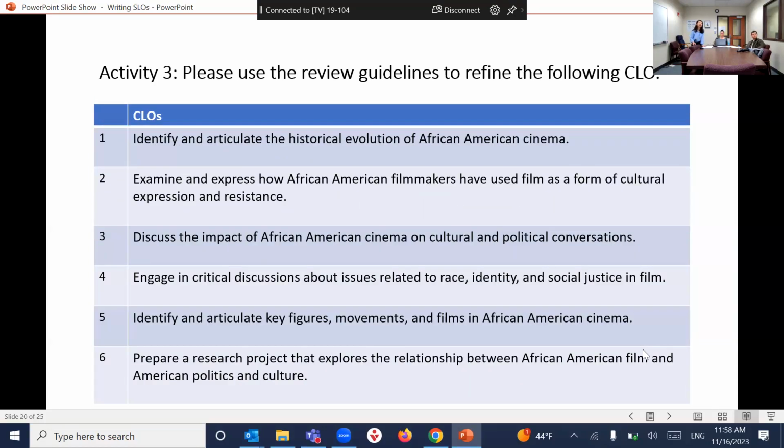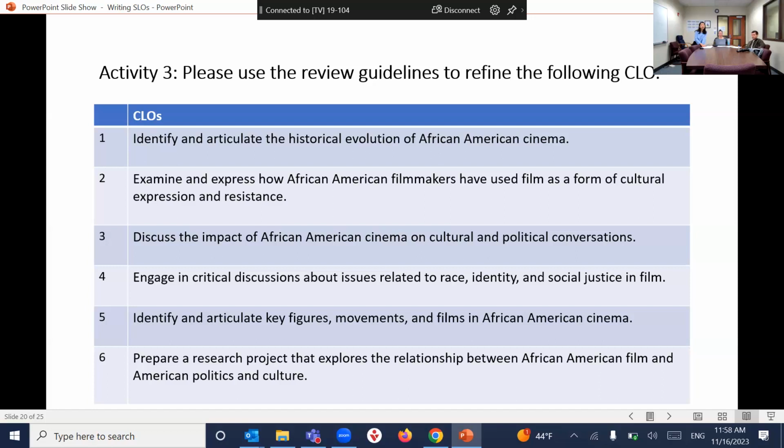Okay, last activity. We are using some course learning outcomes from a newly developed course from the digital entertainment design program, and Darwin is with us here.